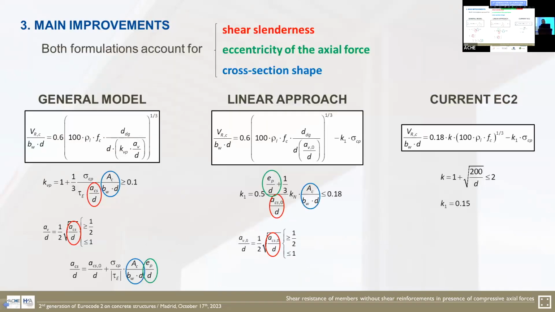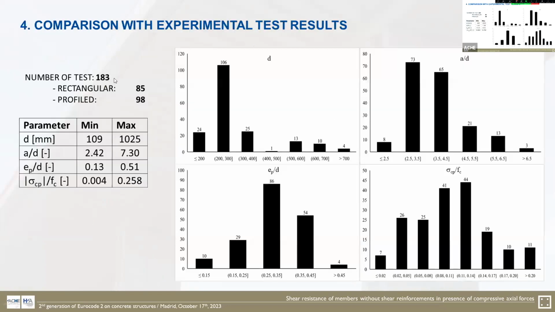Both formulations, general model and linear approach, account for three variables whose influence on the shear resistance in pre-stressed concrete beams is experimentally demonstrated: the shear slenderness, the eccentricity of the axial force, and the cross-section shape. None of these variables are taken into account in the current EC2 formulation.